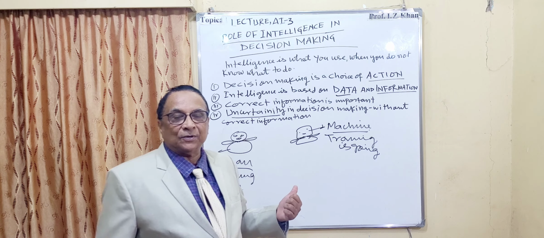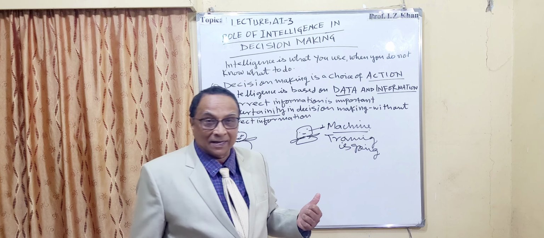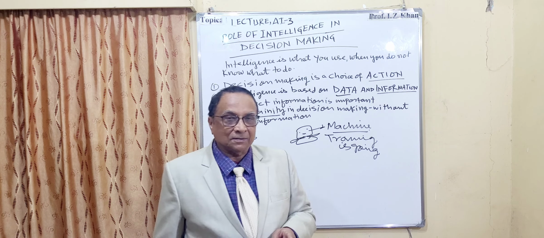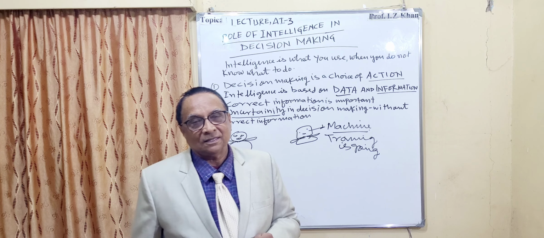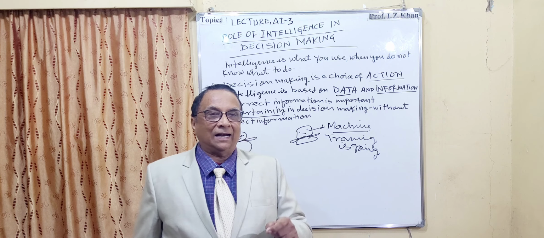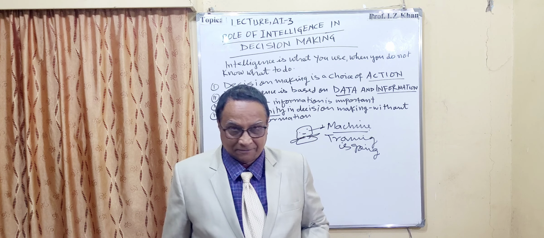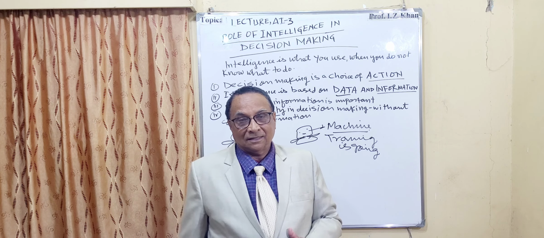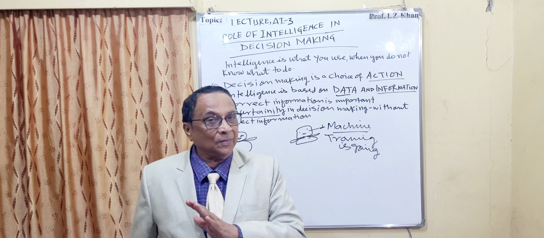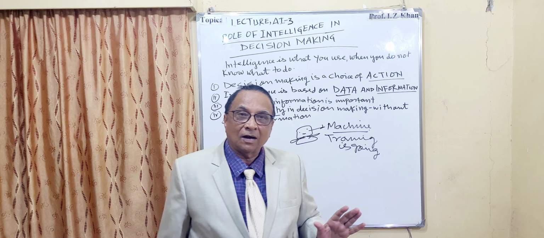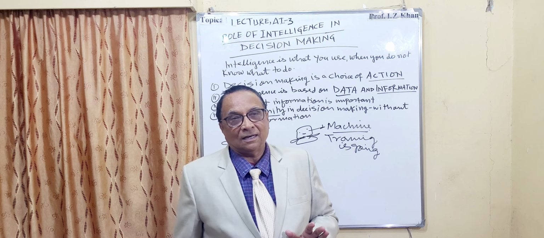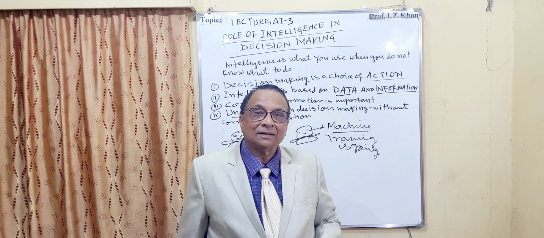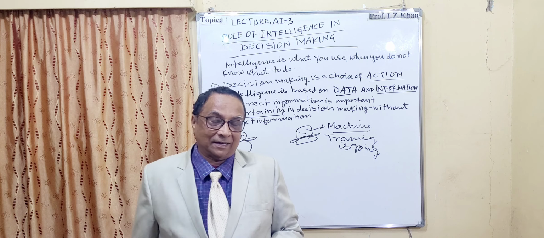But in the case of human decision making, what intelligence humans are using is previous experience and the latest correct information. If information is not correct, then decision making will be, I can say, incomplete or may not be appropriate or correct.